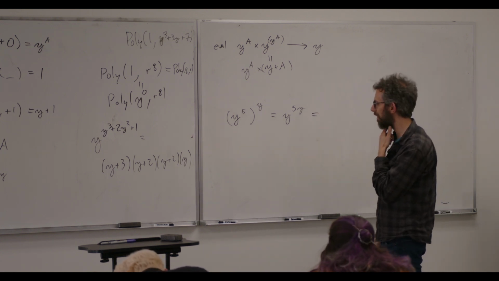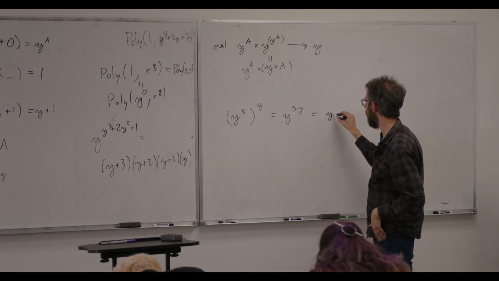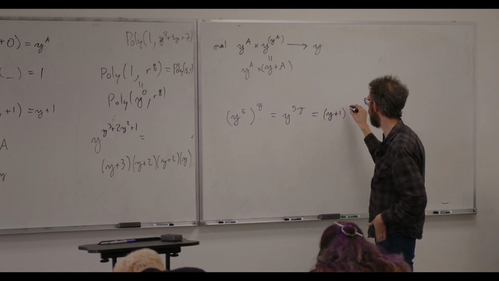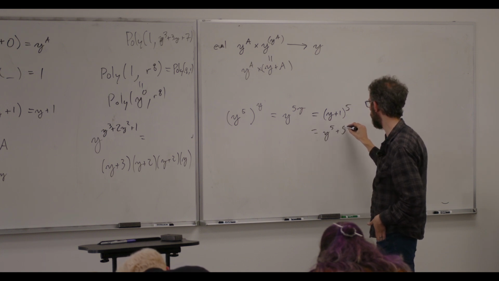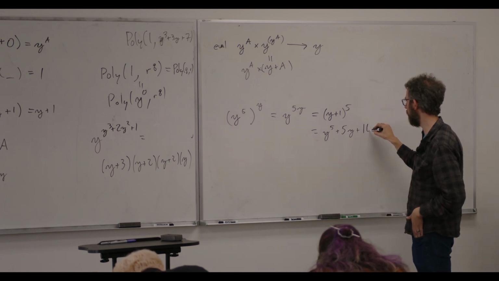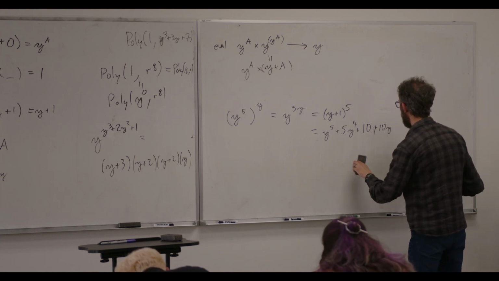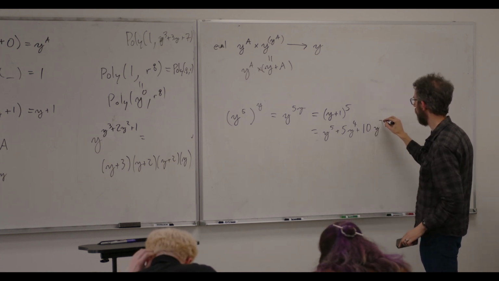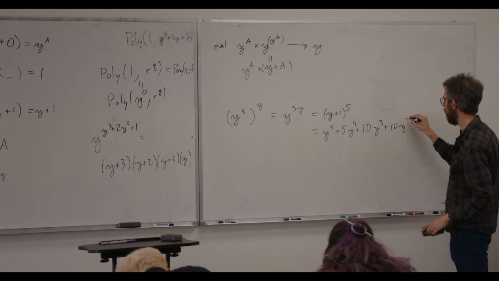I'm not sure if it helps. It's y plus 1 to the 5. So you get these binomial coefficients, how does this go? 1, 5, 10, 10, 5, 1.